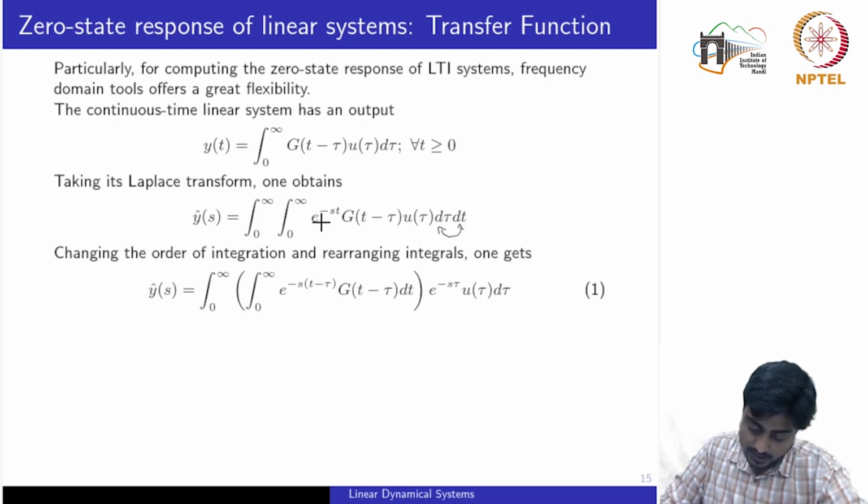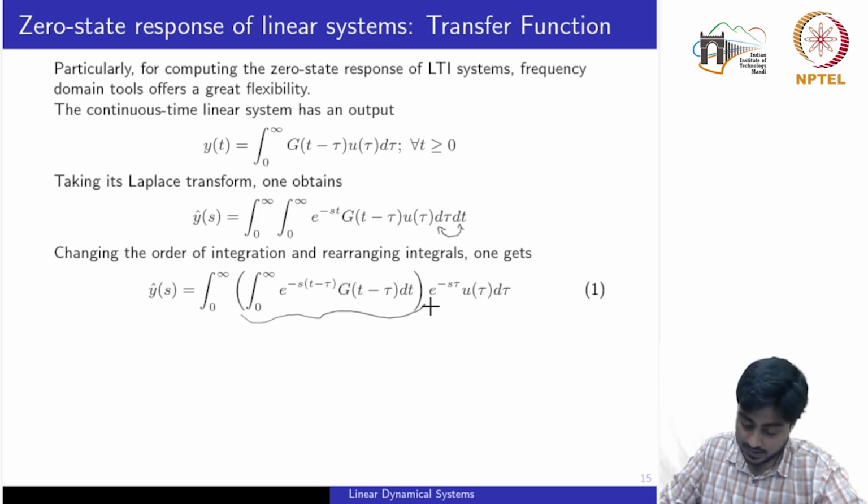In the above equation we had e to the power minus st. Since we have introduced e to the power s tau here, we need to cancel it out by e to the power minus s tau. So we club these two terms into one, and these two terms into another. Now if we pay a bit of close attention to the inner integral, this defines basically the Laplace transform.